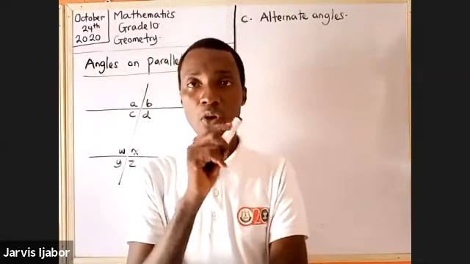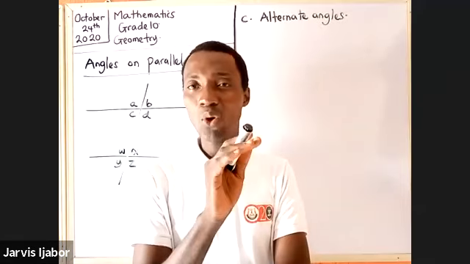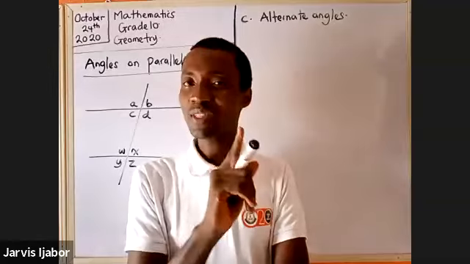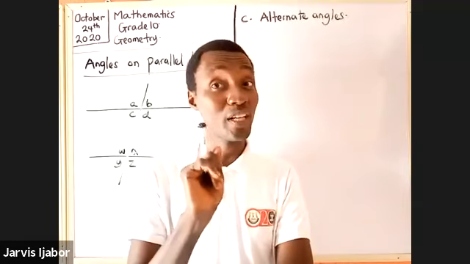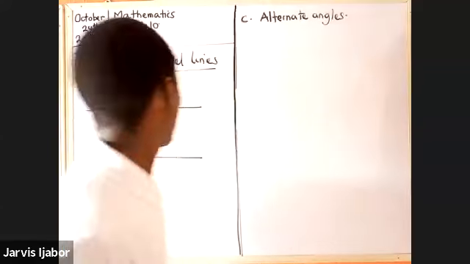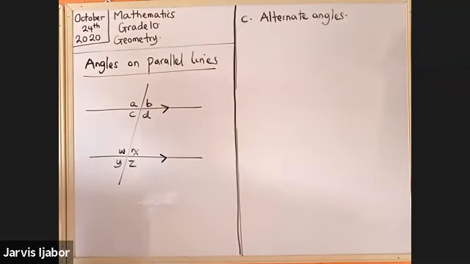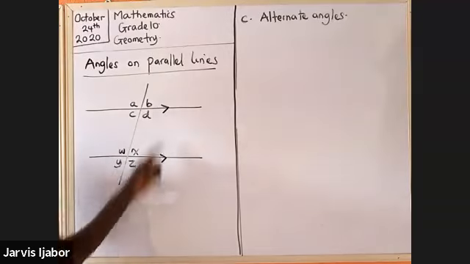I say again, alternate angles are equal only when we are treating parallel lines being cut by a transversal. You really need to be very careful here. Now, I must indicate that these two lines are parallel. Sometimes in books, you see the parallel markers at the end, sometimes you see them here.